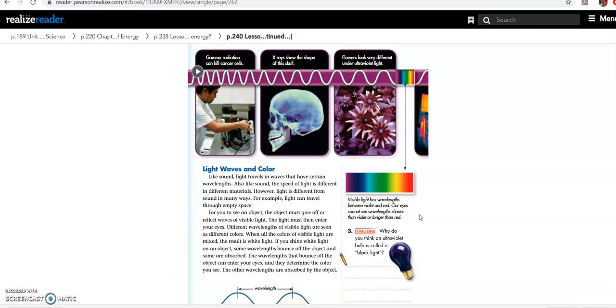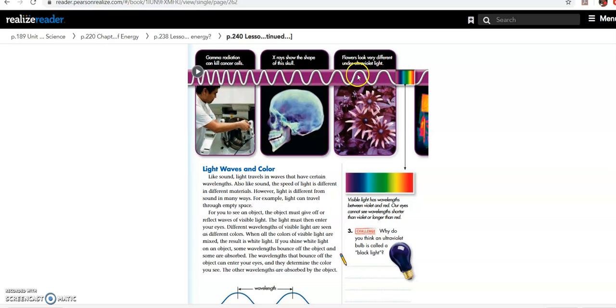Light waves and color. So even though sound, like I said earlier, requires things to bounce off of and travels in waves, light also travels in waves, but it's a different type of wave. If you look at the top right of your page, page 240, you can see the type of wave that light travels through.